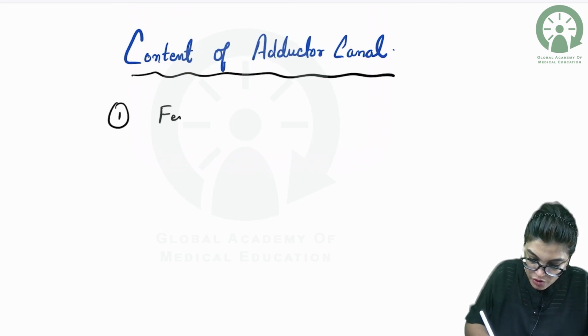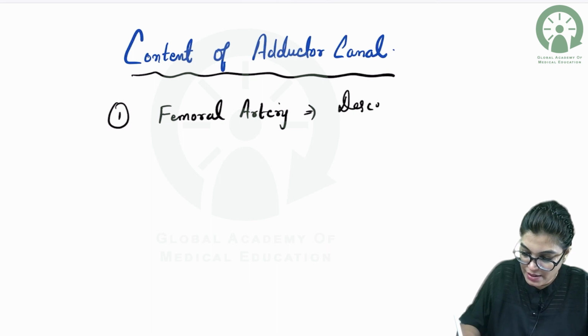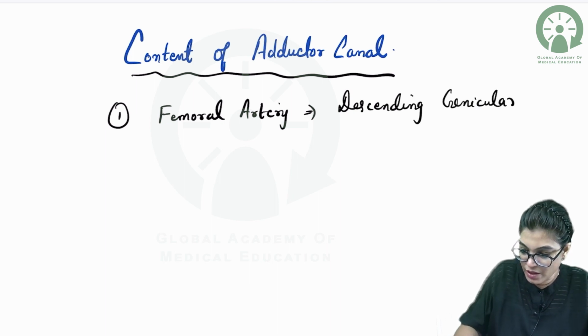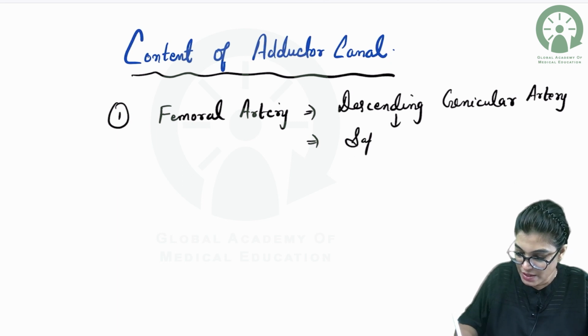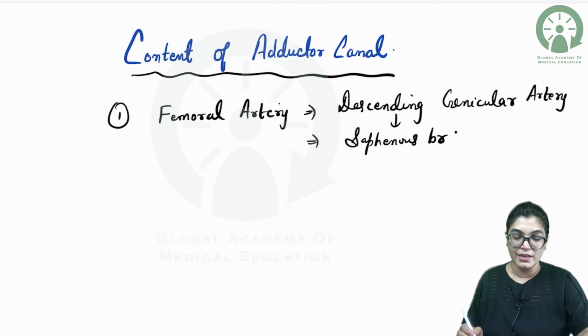It contains the femoral artery and its branches, the descending genicular artery, and the descending genicular artery also gives a saphenous branch in this area of adductor canal.